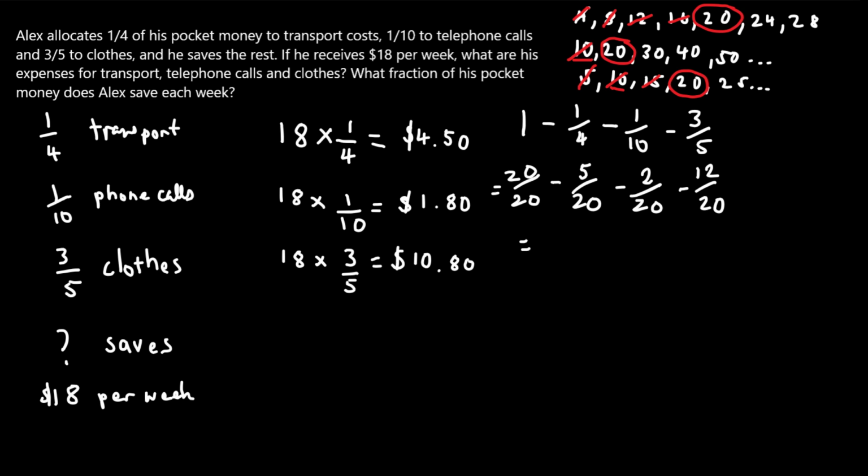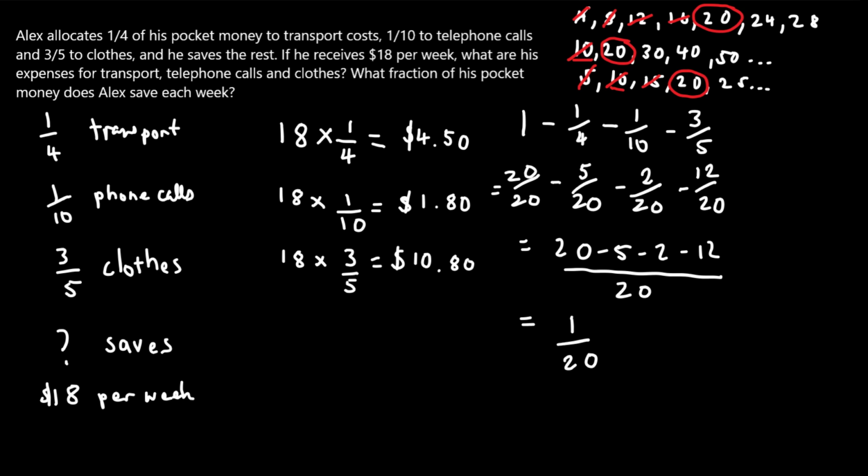So this will equal 20 minus 5 minus 2 minus 12 all over 20. Let's see, 20 minus 5, that's 15. Minus 2, that's 13. Minus 12, that's 1. So Alex only saves 1/20 of his pocket money each week.